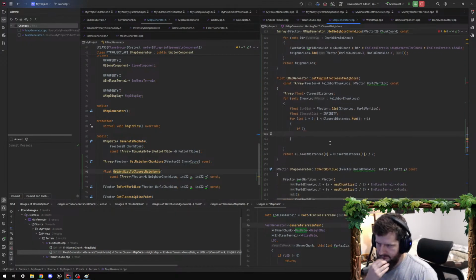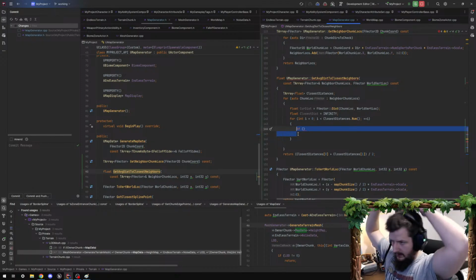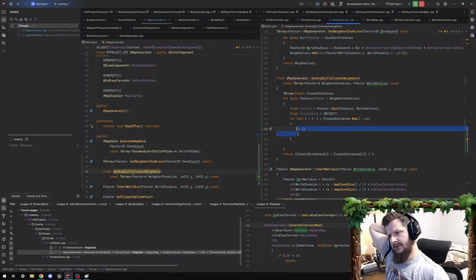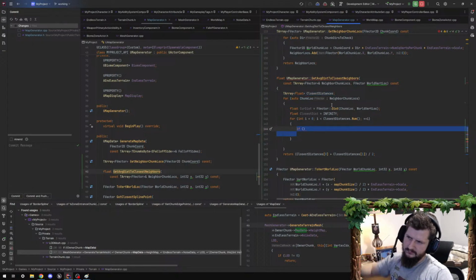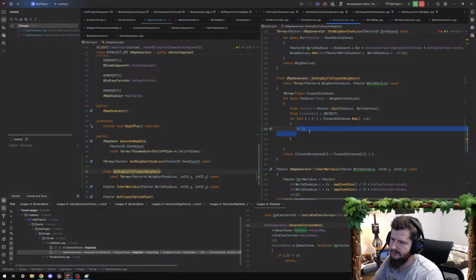What am I doing here? I've lost my train of thought. I want to go through each float in closest distances and see if I need to overwrite it with the next closest. Right?